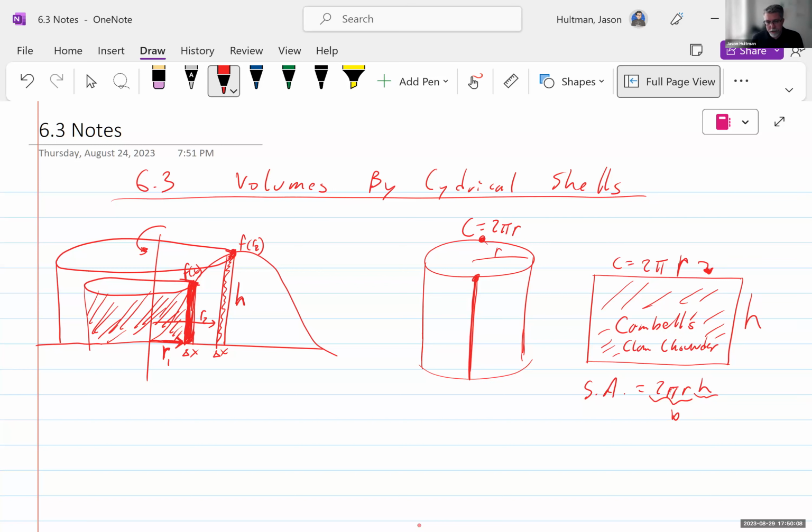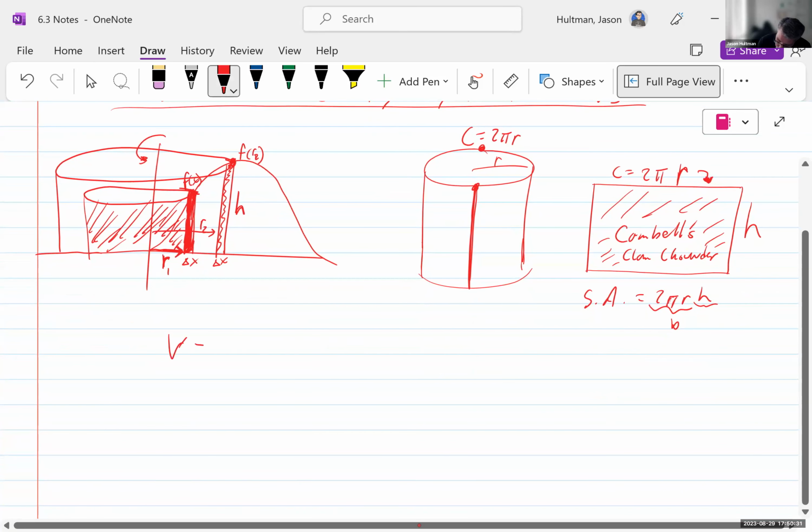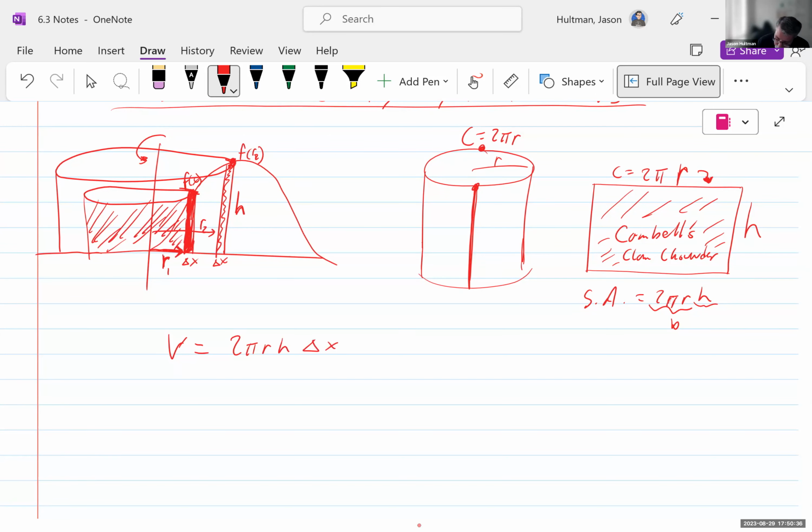So we're going to take this idea of surface area of a cylinder and utilize it for volume, to find the volume of this solid that's going to be revolved. But it's going to have all these little delta x's. And so the volume is going to be 2 pi r h times all these little delta x's, these little widths.